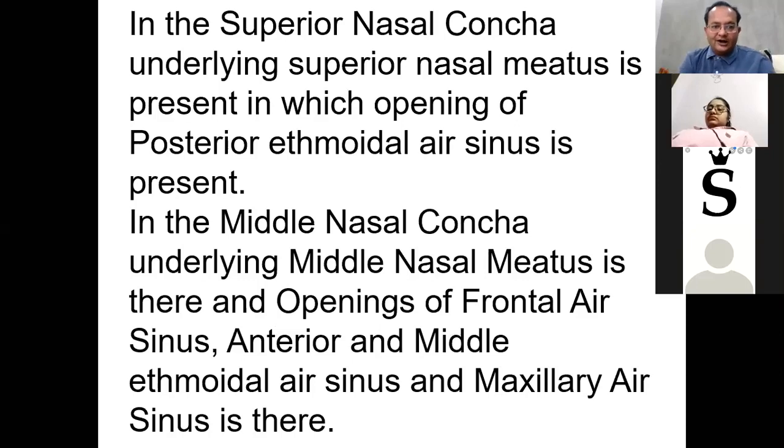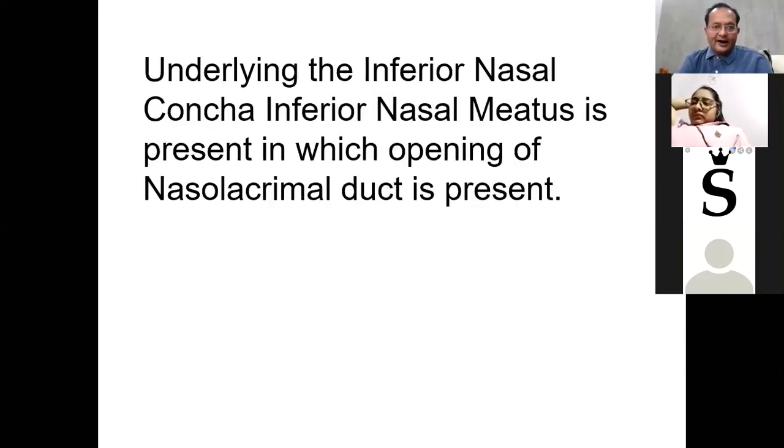Underlying the middle nasal concha, the middle nasal meatus is present. There is the opening of the frontal air sinus, anterior and middle ethmoidal air sinus, and maxillary air sinus. Underlying the inferior nasal concha, the inferior nasal meatus is present, in which the opening of the nasolacrimal duct is present.